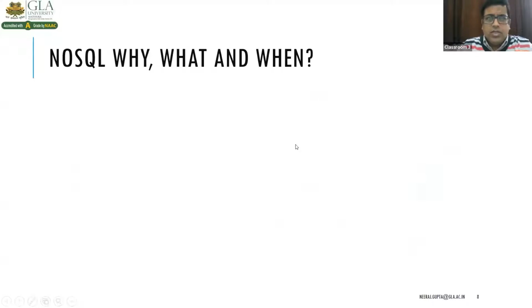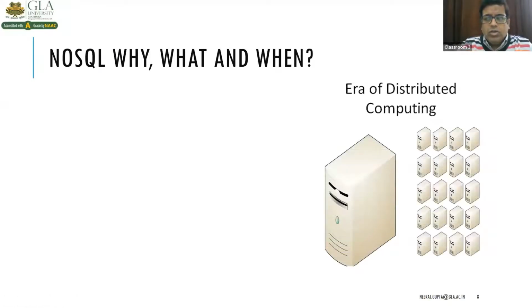Now the question is NoSQL: why, what, and when? So what is the current era? The current era is distributed computing. That means the data is distributed and a large amount of data is in use.